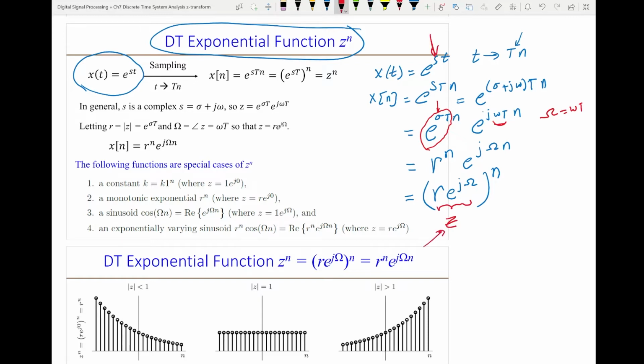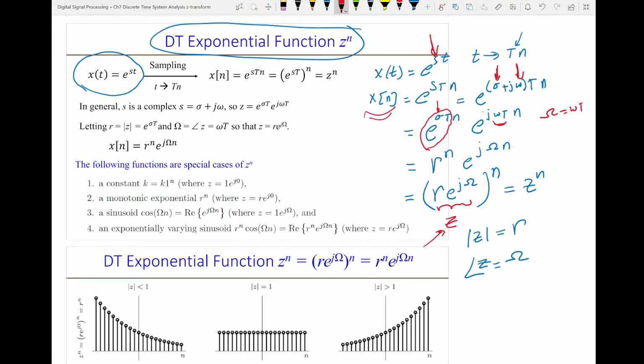This will be the variable z in the z domain. So this will be z to the n, and the magnitude of z is r, and the angle of z is omega. And again, depending on omega and sigma, x of n will have different shapes.